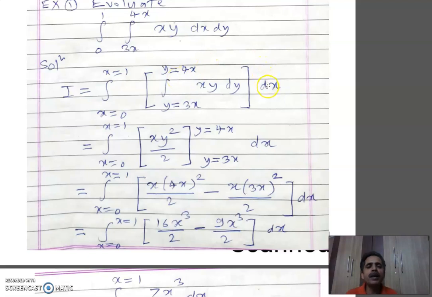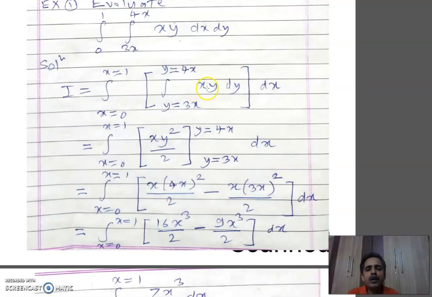And outside the bracket, because we have written dy inside, dx is left on the right end. This is the outer integral, and these are the limits of x because the others are limits of y. So 0 and 1 stand for the limits of x. Now in the square bracket, as I told you, y is the variable of integration and x is a constant.